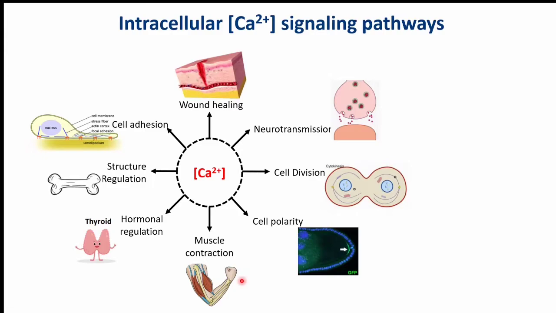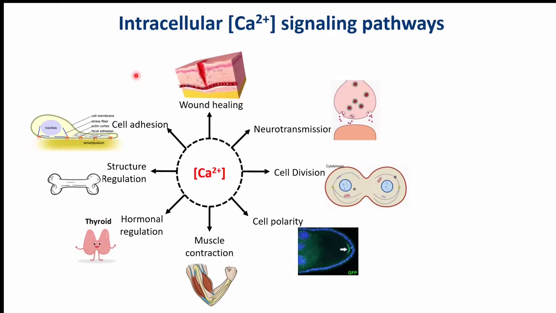It also plays roles in muscle contraction, where calcium is needed for skeletal muscle contraction, and hormonal regulation, where hormones like calcitonin and parathormone are regulated by calcium. Structural regulation, for example bone mineralization, is governed by calcium, and so is cell adhesion, how a cell gets attached and moves on its extracellular matrix or a basement membrane. All these are regulated by diverse calcium signaling pathways.